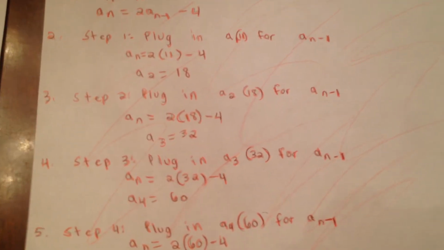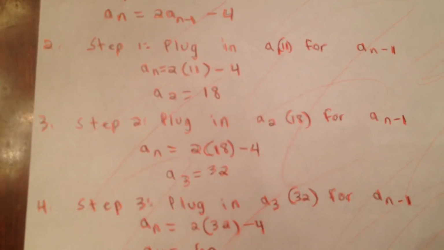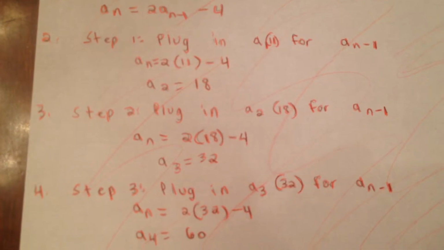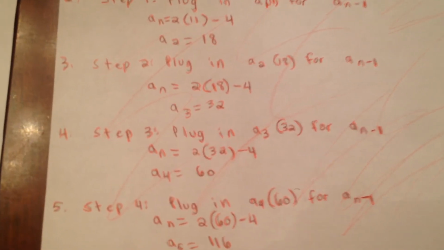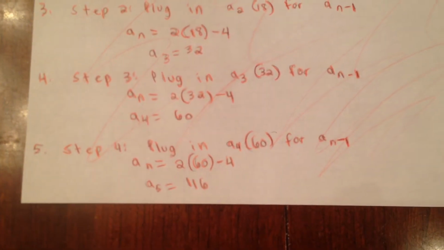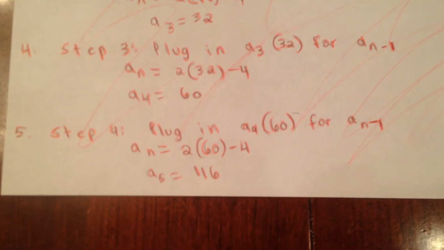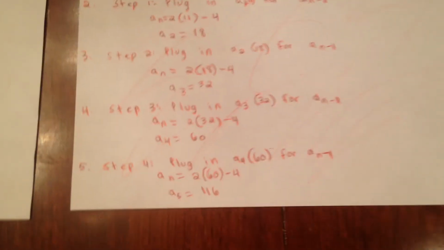And then you keep going. You're going to plug that 18 in to get a sub 3. So 2 times 18 minus 4 is 32. And then you take the 32 and plug it in, and just keep repeating that all the way until you get to the fifth one, and you'll get 2 times 60 minus 4, which is 116, which is the answer.